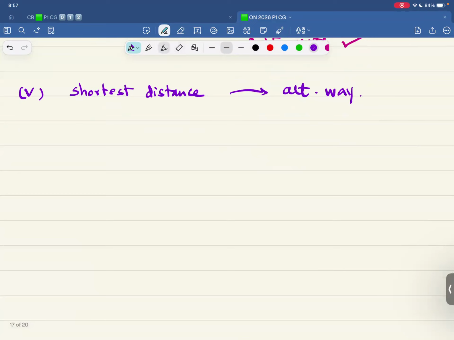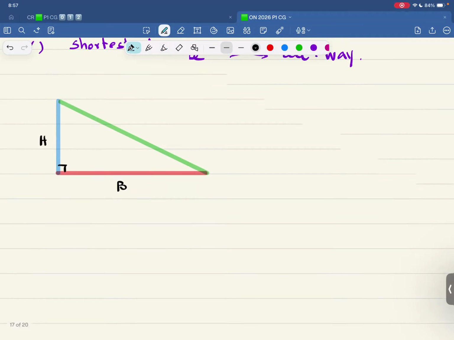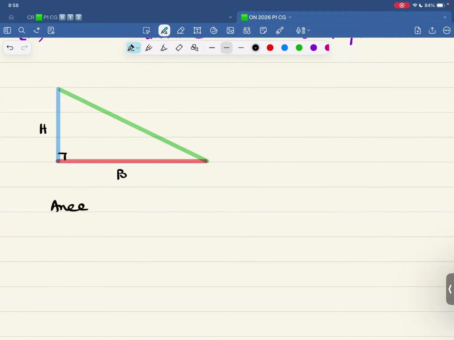For that, I need this knowledge: if this triangle is like this, and this is the base, this is the height, right angle, so area is half into base into height. We know this knowledge.